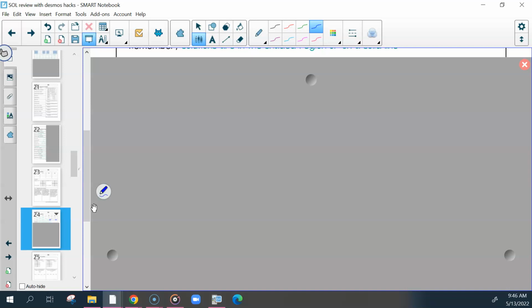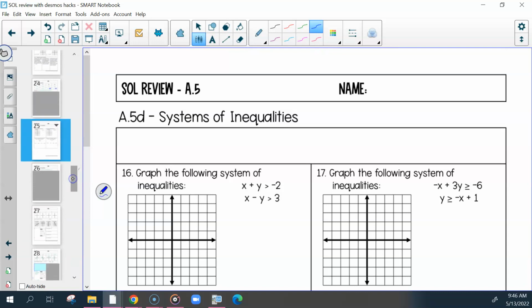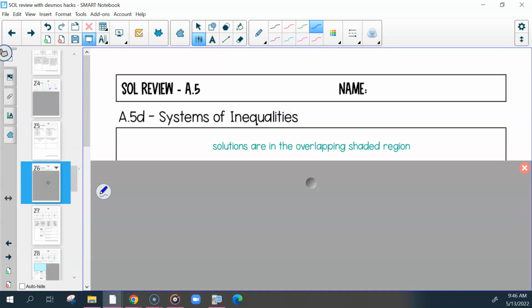Right, on the next page, we are dealing with systems of inequalities. And the solutions are in the overlapping shaded region.